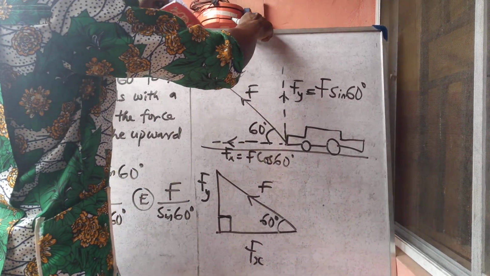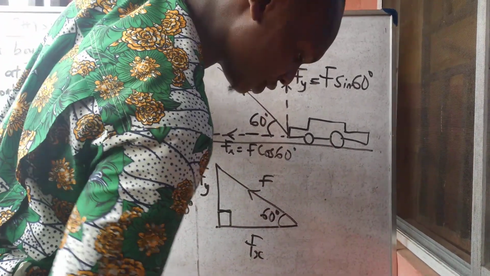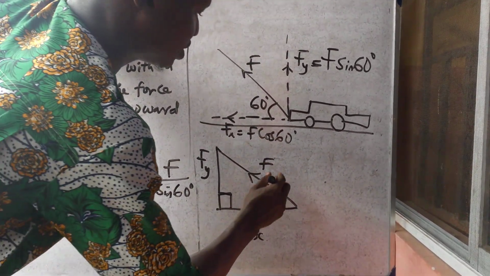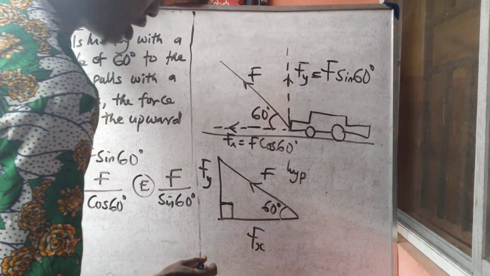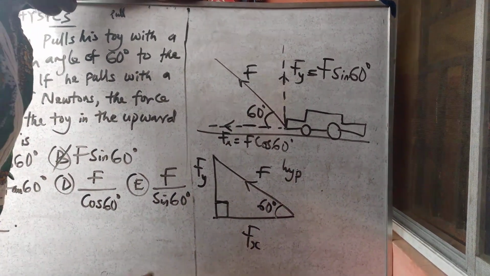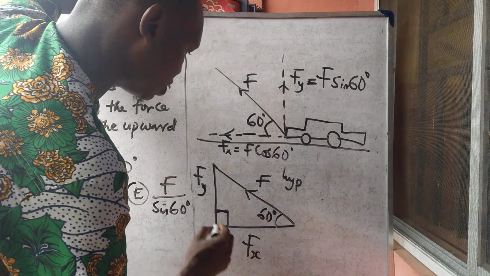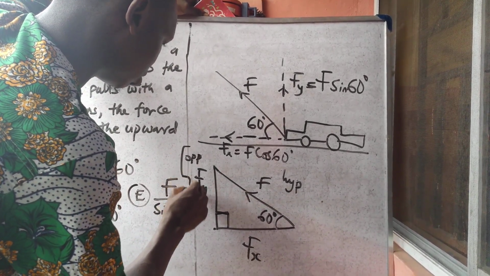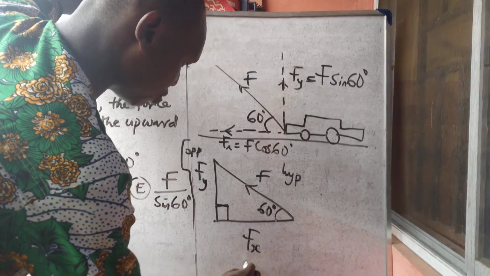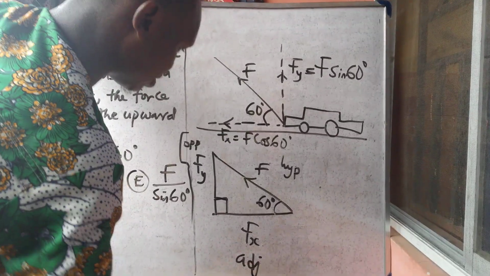So for a right angle triangle, there are three specific sides. The longest side is the hypotenuse. Then this other side is the opposite side, and here is called the adjacent.